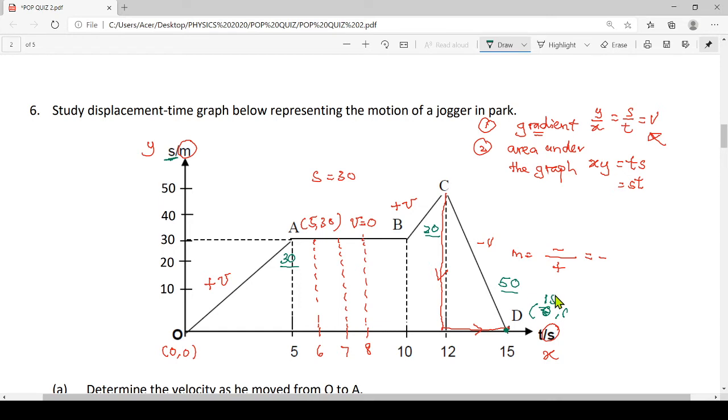The value of S is 0, and the value of S here is also 0. So I know that it goes back to its original position. So what is the total displacement? It is 0. I start from 0 and I end up with 0.